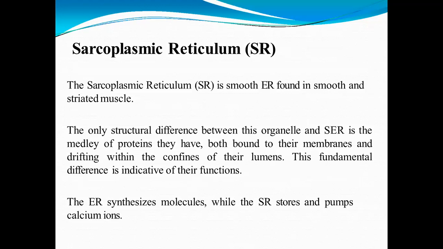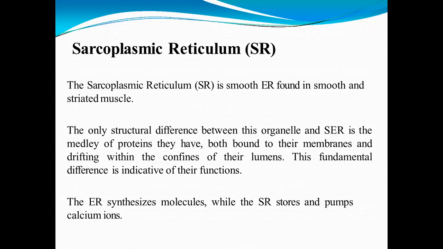Here we already studied rough endoplasmic reticulum, smooth endoplasmic reticulum, and their functions. Now we have sarcoplasmic reticulum. Sarcoplasmic reticulum is in actuality smooth endoplasmic reticulum found in smooth and striated muscles.